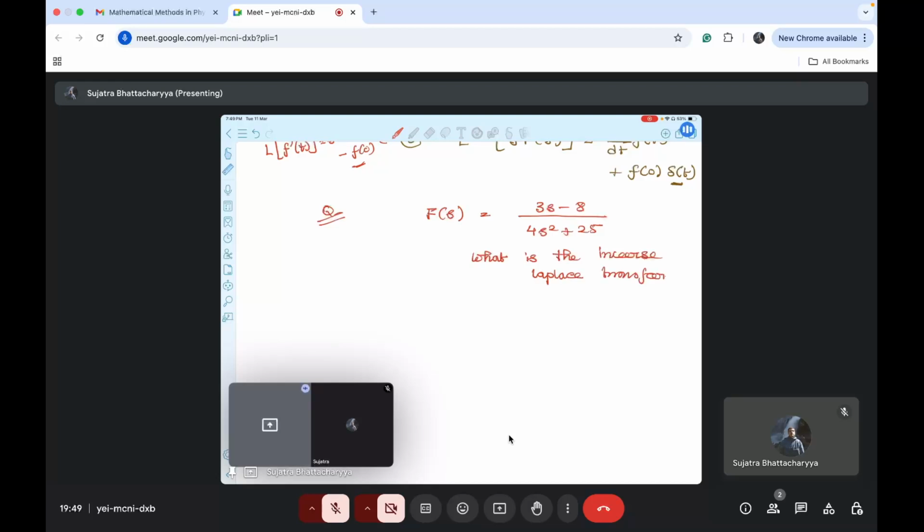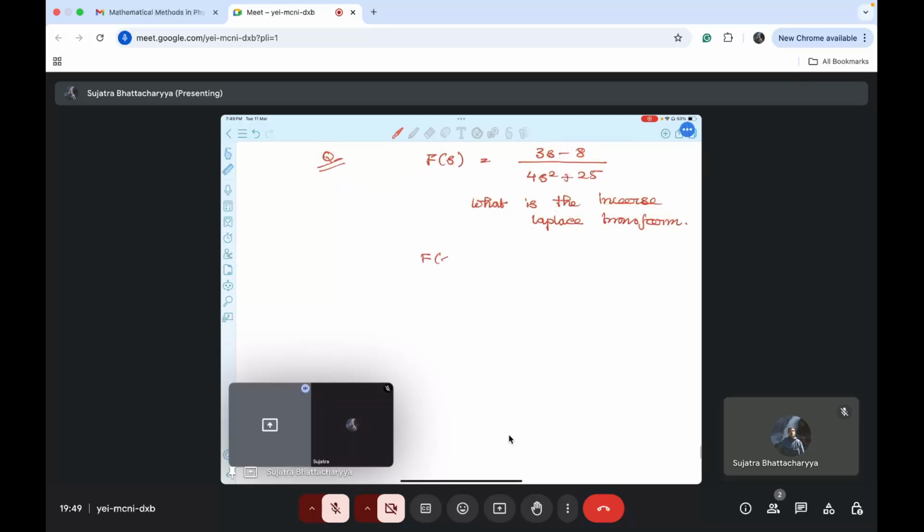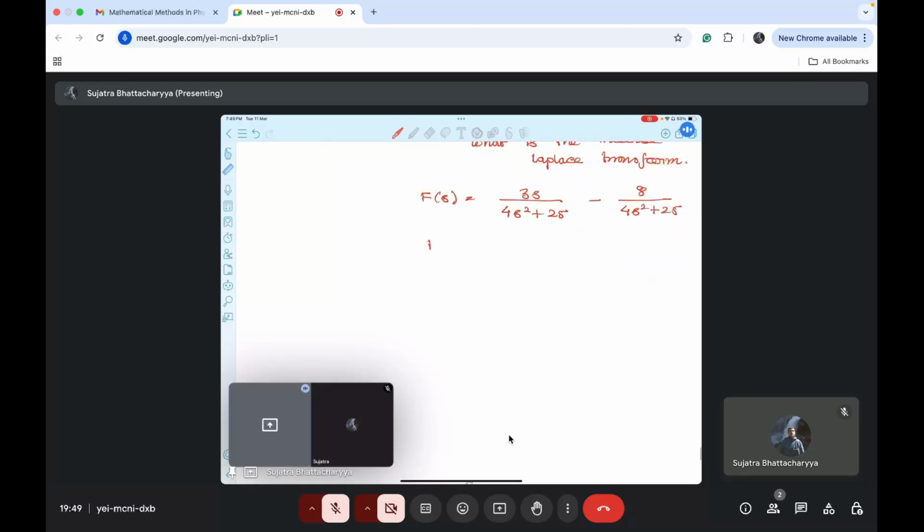This is what you have to find. Simple. So you write it like this. Your F(s) is nothing but 3s divided by (4s square plus 25) minus 8 divided by (4s square plus 25).